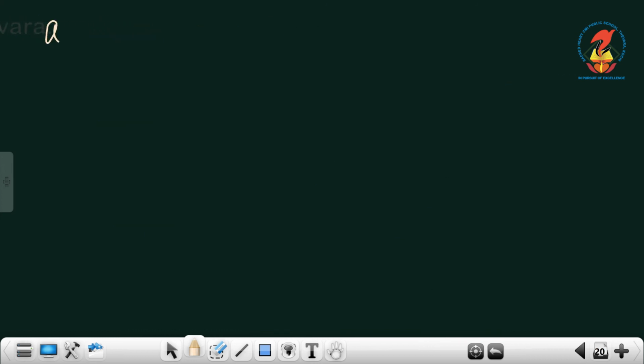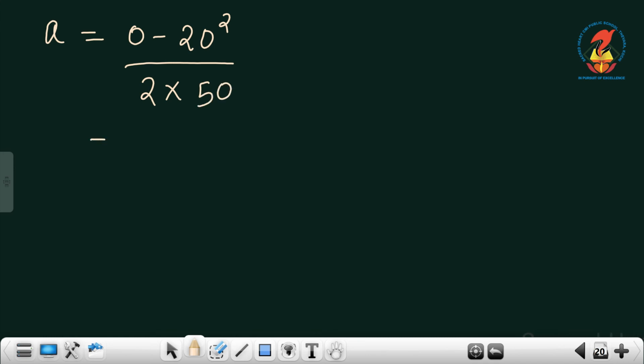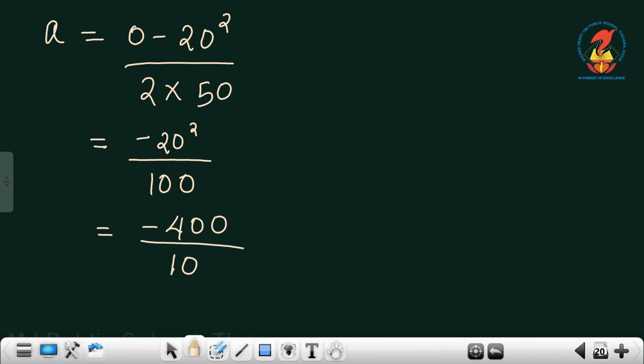So a is 0 minus 20 square by 2 into 50, which is minus 400 by 100. The answer is minus 4 meter per second square.